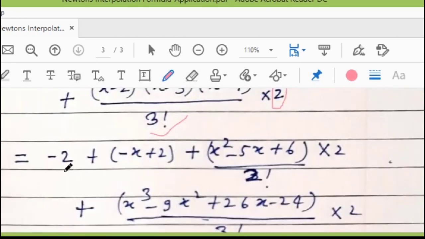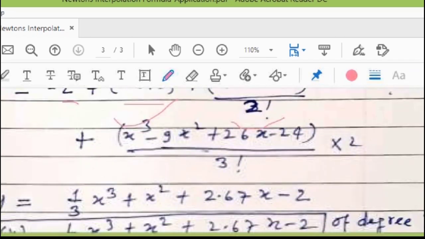The 'into' here is multiplication, not x, which may be confusing. Here u is x minus 2, u minus 1 is x minus 3, and so on. After substituting, it is elaborated and simplified, involving 3 factors which are multiplied and simplified.